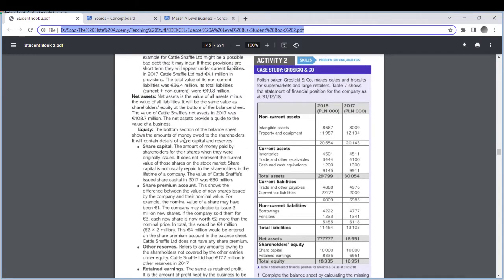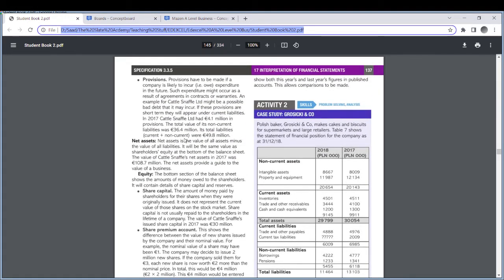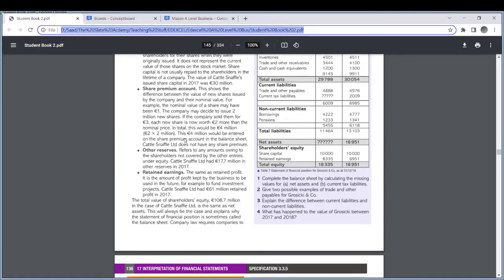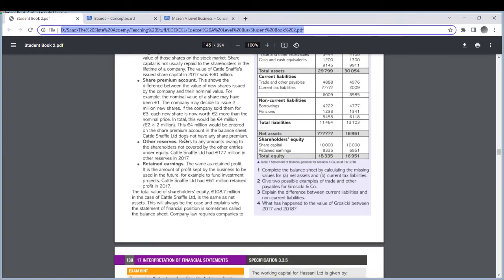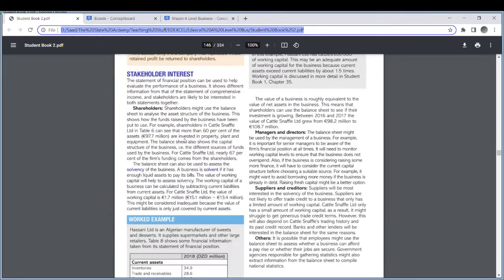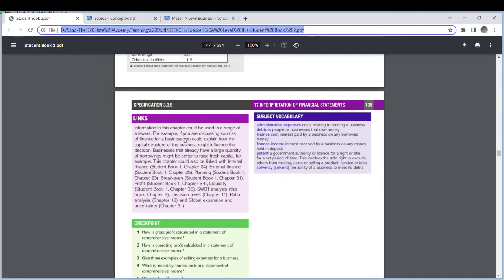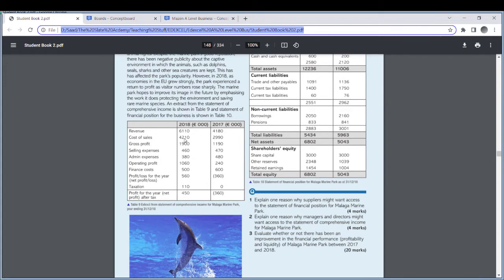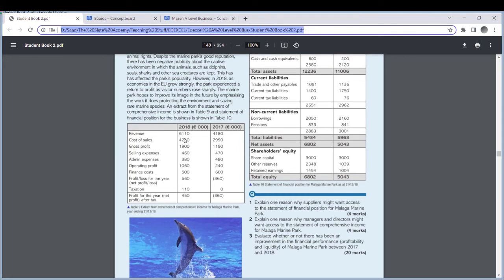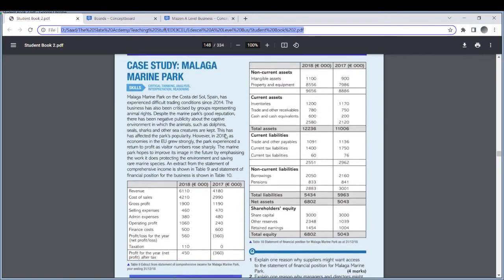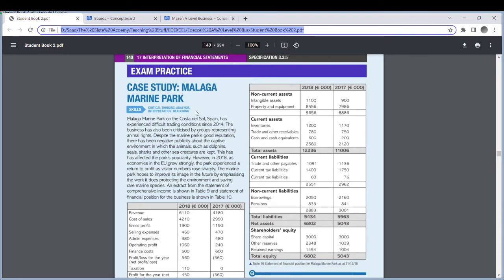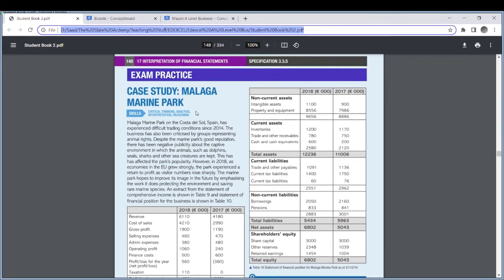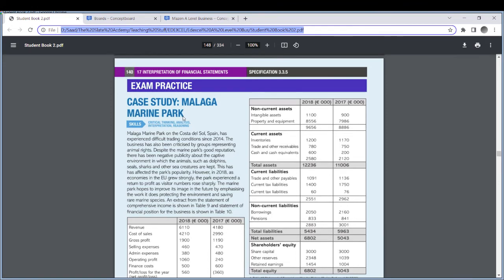Can you do this activity too? Is there an activity 3? Oh, there isn't. Would you like to attempt this right now? Yeah, sure. What's the page number? 140.